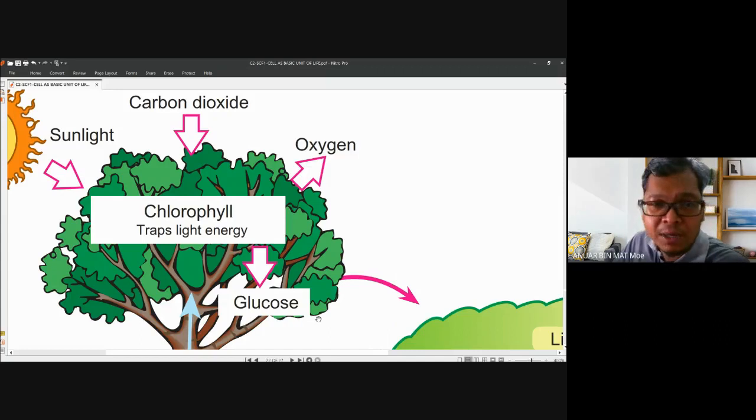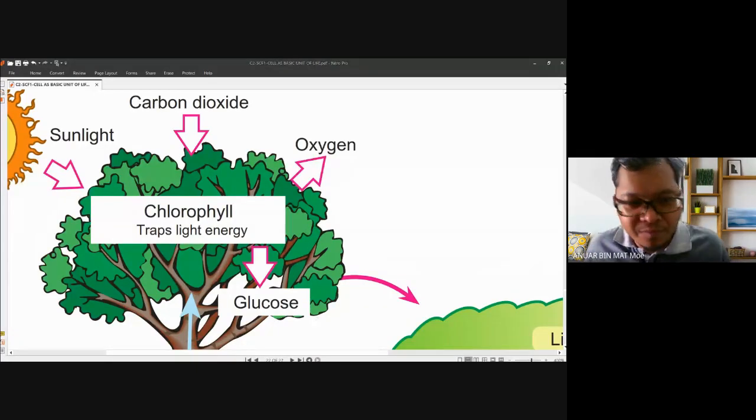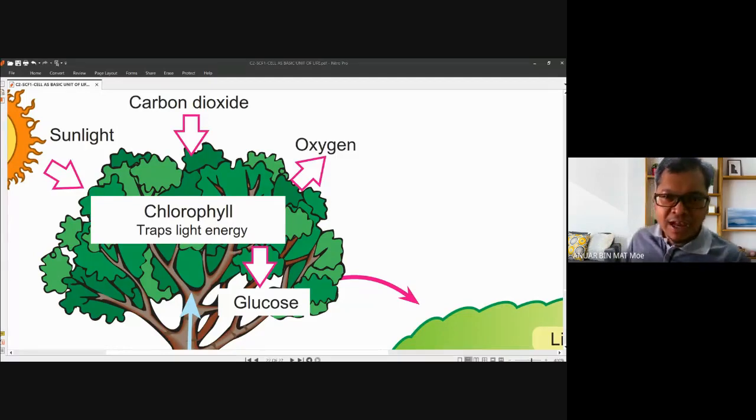That's why, if there were no animals and no humans, can plants survive or not? What do you think about it?